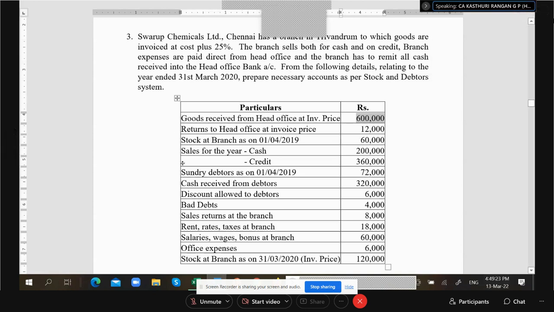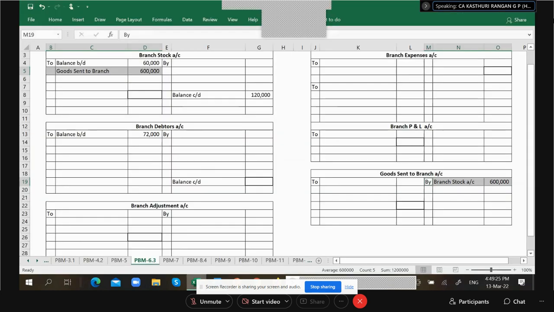Returns to HO, opposite of goods sent to branch. What is the entry? GSB account debit to branch stock. Returns, returned by branch. So in branch stock, by goods sent to branch, 12,000. This is returned by branch. When branch returns the goods, goods go out of branch stock, goods come into GSB.